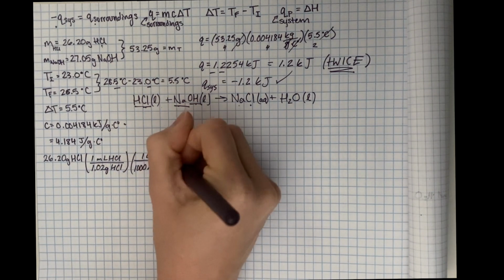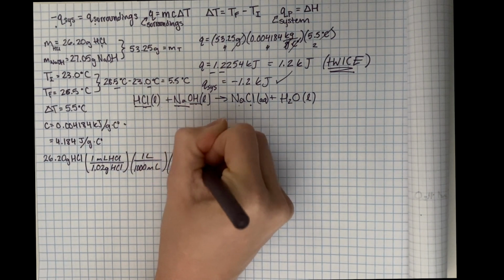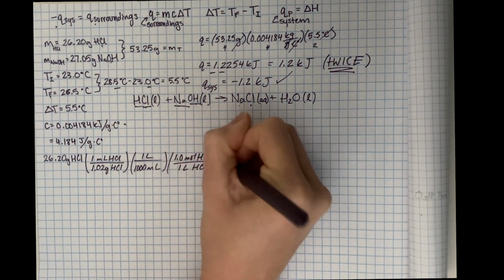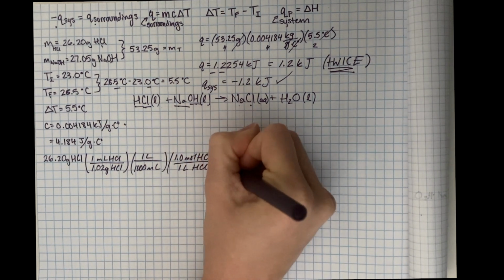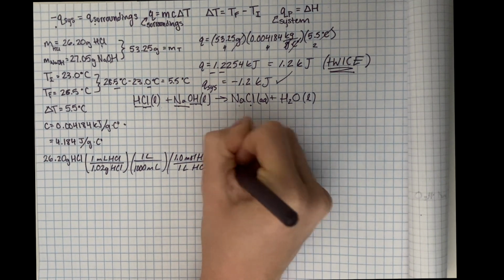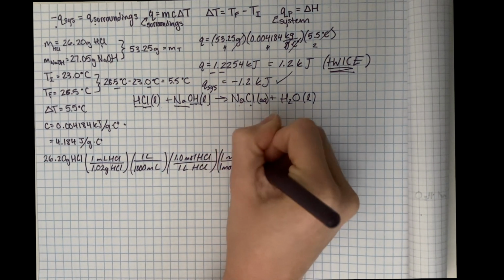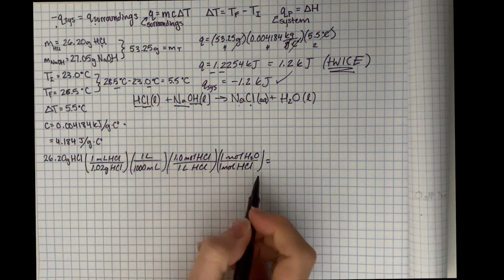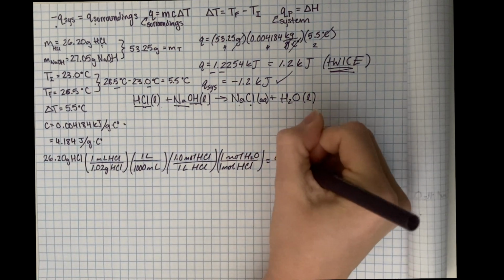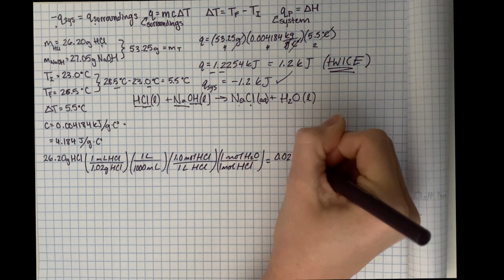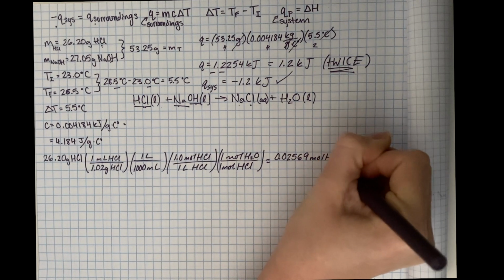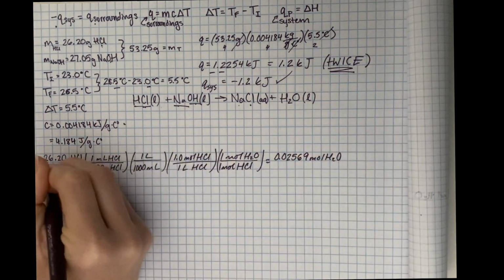And this was 1 molar HCl. And it's a 1:1 ratio. So we can calculate how many moles we had, and then all of this will cancel out accordingly. We're going to end up with 0.02569 moles of H2O, and that is 4 decimal places that we originally have.